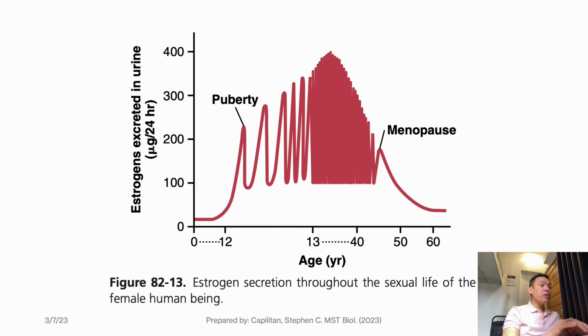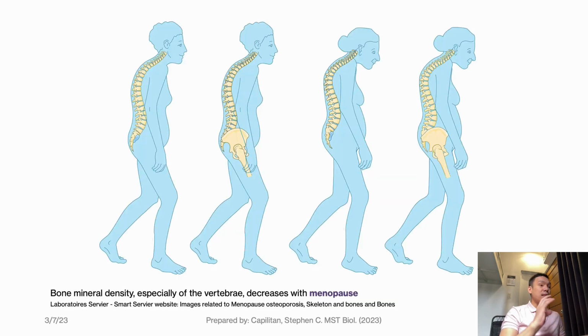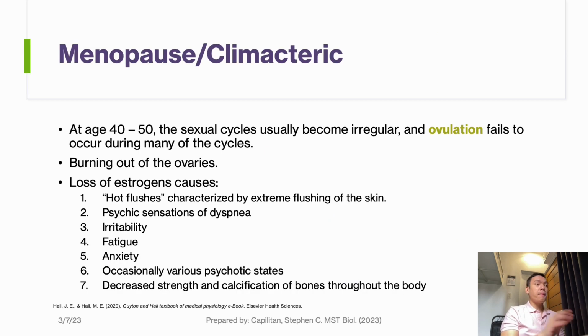With estrogen secretion throughout the sexual life of the pubertal female, you have puberty, and then during menopause it slightly decreases in size. So this is like the bone mineral density, especially of the vertebra, which is decreasing with menopause. Okay, so osteoporosis, menopause, or what we call the climacteric.